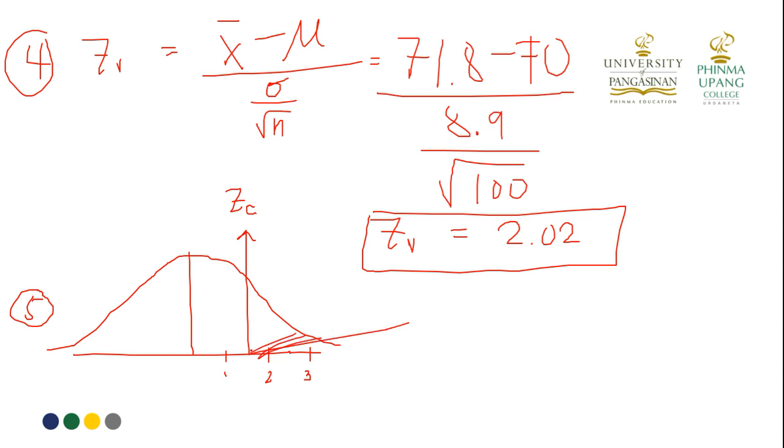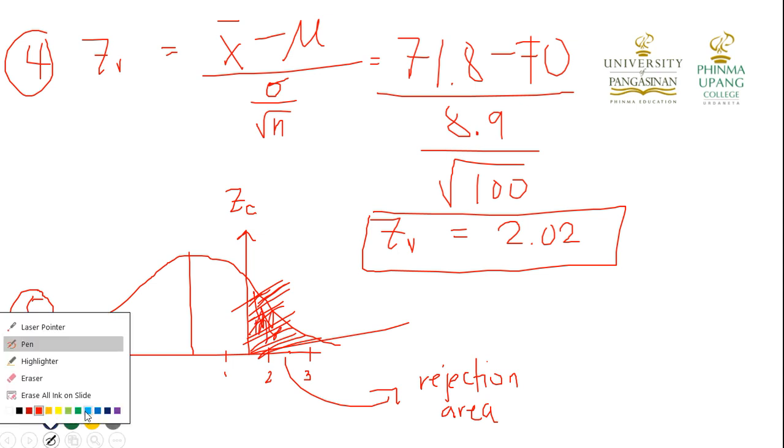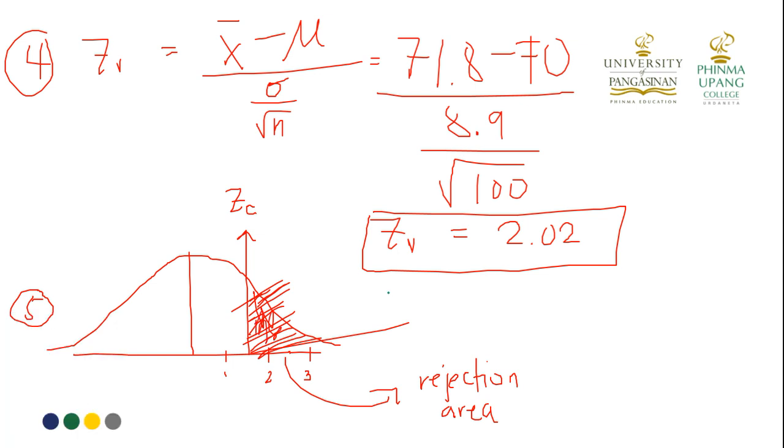So these are what we call rejection area. Yung naka-red ha, rejection area yan. If ever yung Z value natin dumaan po sa rejection area, ibig sabihin reject natin si HO.